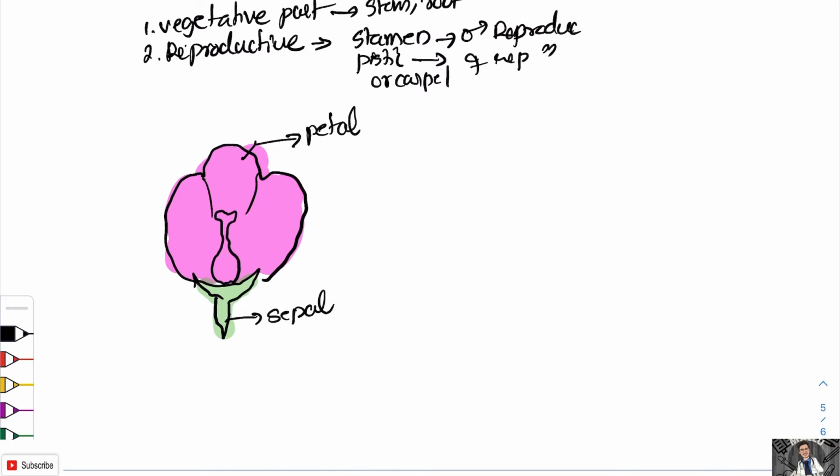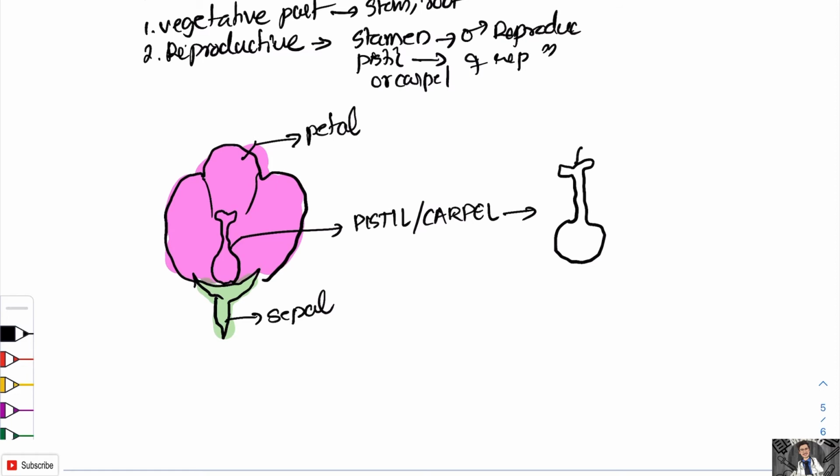This over here is known as the pistil or carpel. And the pistil or carpel, let me draw it individually. The pistil or carpel has three parts. This platform-like part is known as the stigma. It's at the stigma where the pollination takes place. Consider an insect.